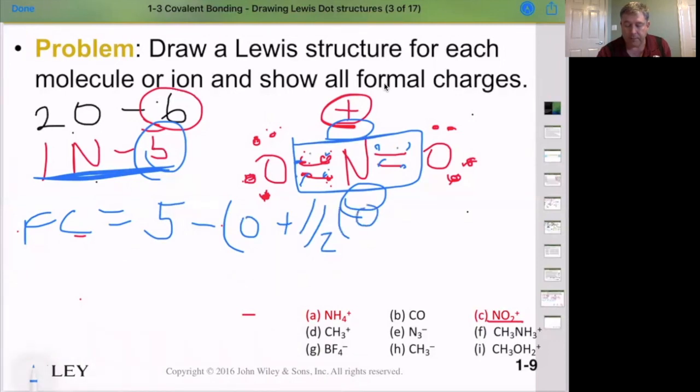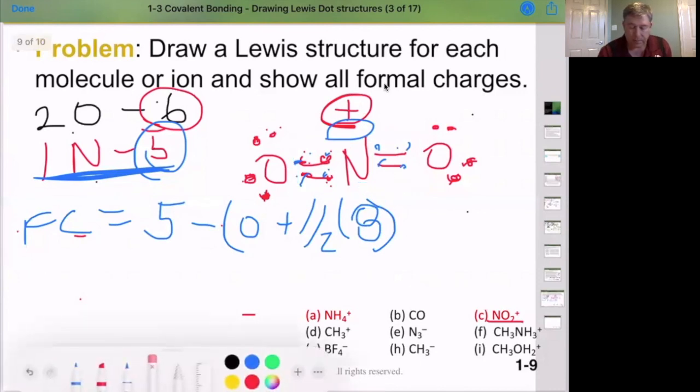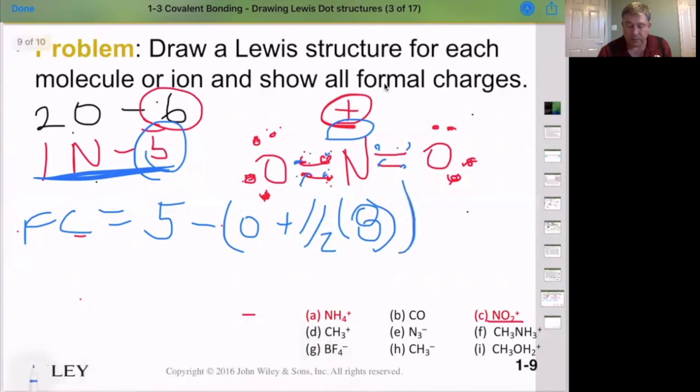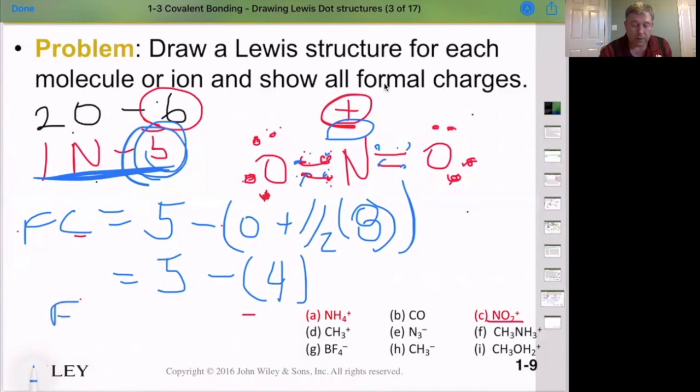So 1/2 of 8 electrons is 4 electrons, minus 5 because it had 5 electrons to start with, meaning the formal charge on nitrogen is equal to plus 1.